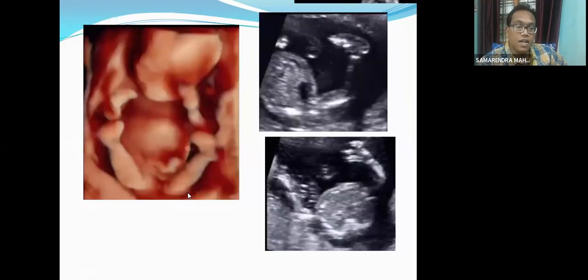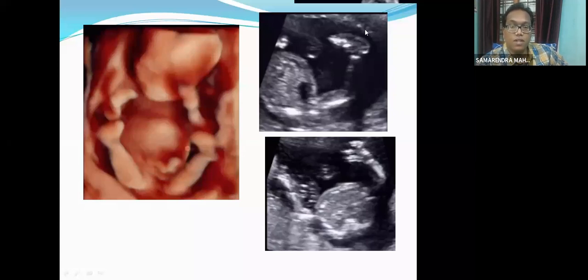It is the 3D rendering showing a fetus, the extended lower limbs, and the flexed fixed contracture of both the upper limbs. And it is another view in grayscale, the right upper one, where the leg is extended at the level of the knee.